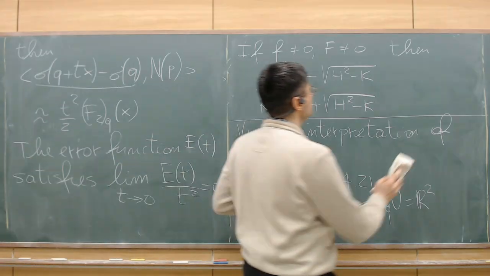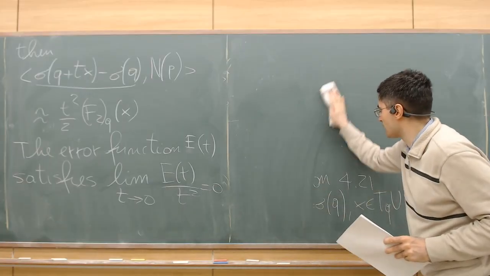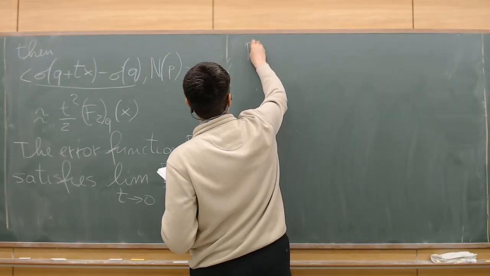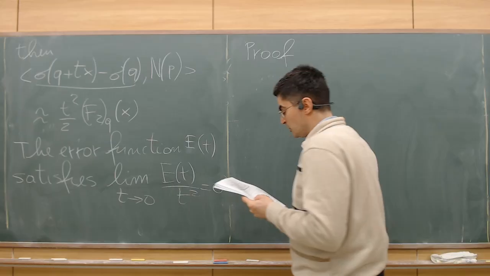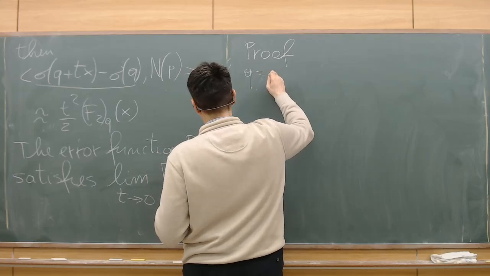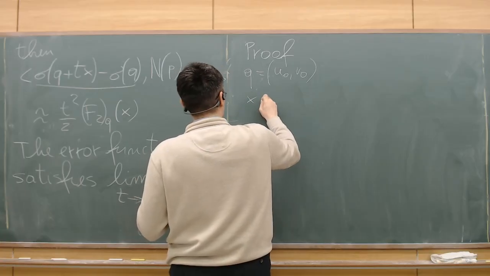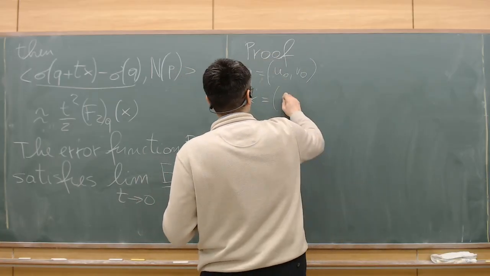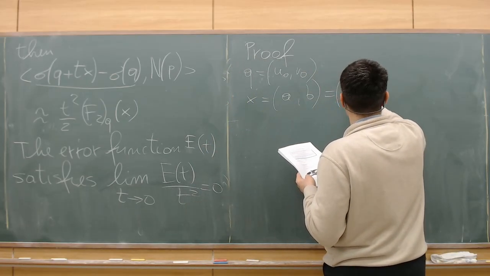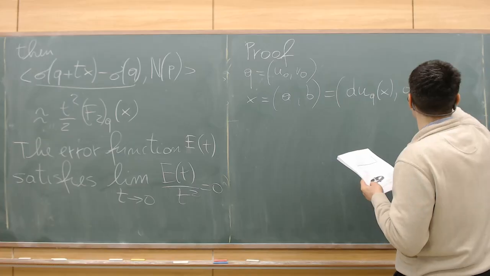Let's prove this proposition. In order to prove this proposition, we suppose that Q has coordinates given by u0, v0, x is (a, b), where a is du_Q of x, b is dv_Q of x.